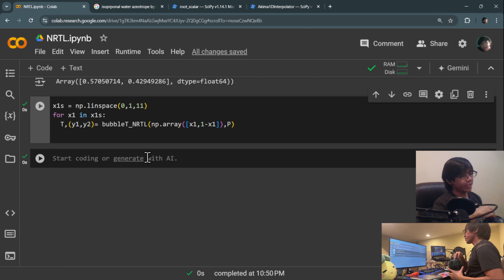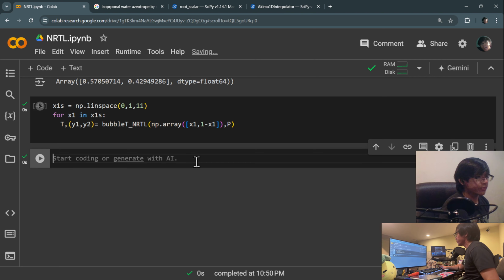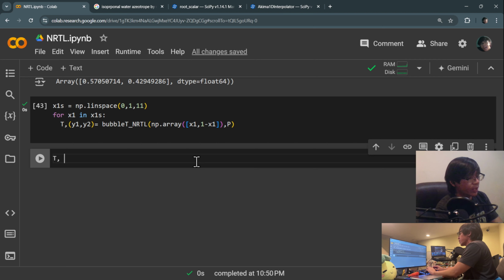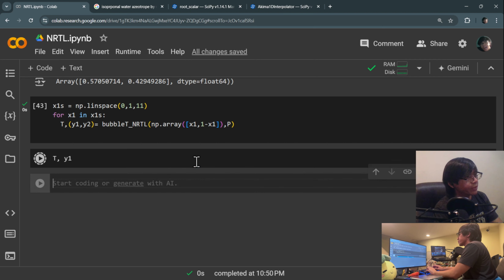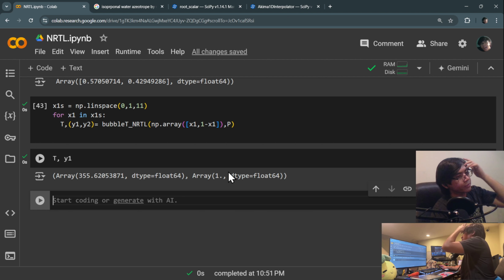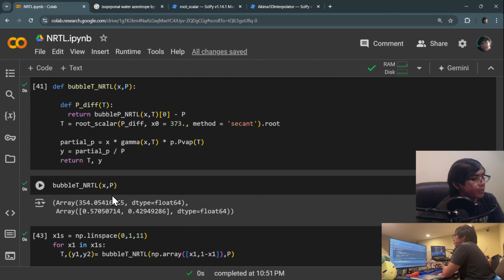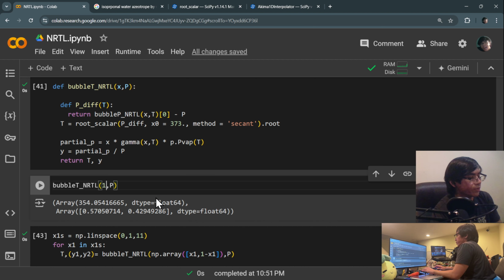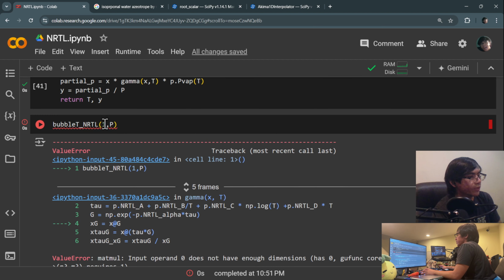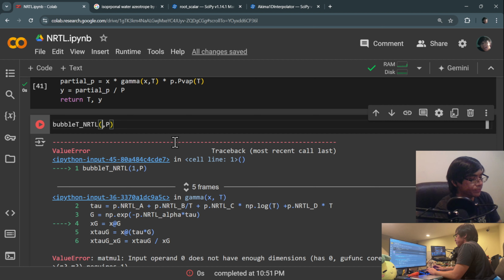Okay, so we should be iterating for all of those. Let me check that. We only want y1. Okay, so we have a temperature. I guess it just runs through all of them. If I did 1, oh, I need a supply. So 1, 0.